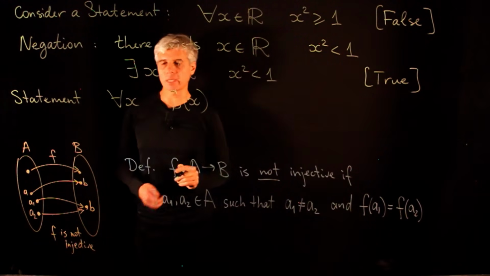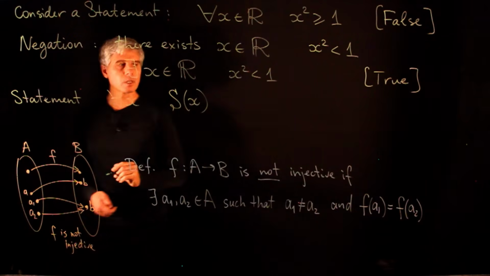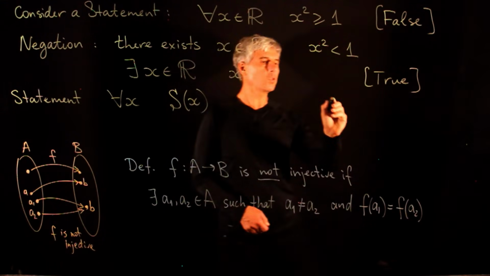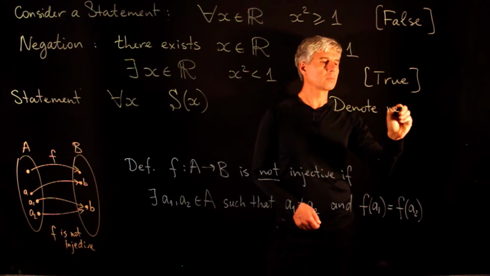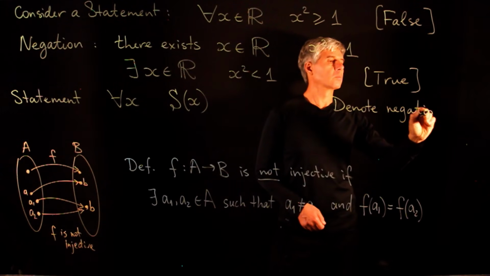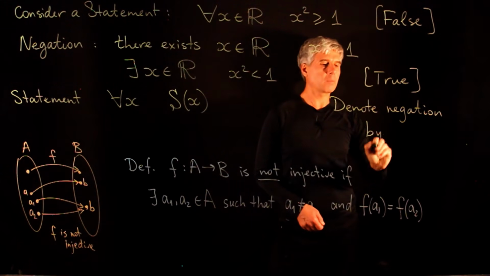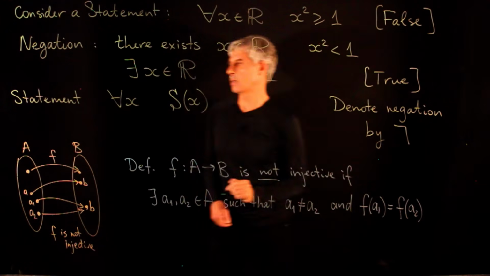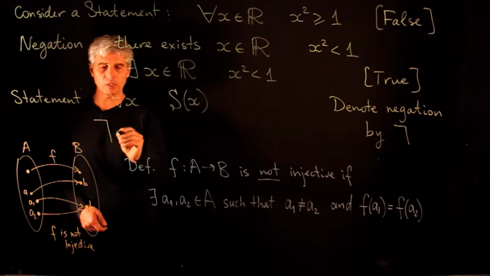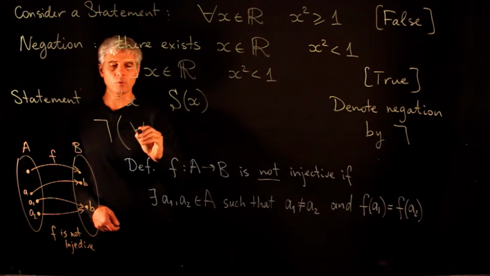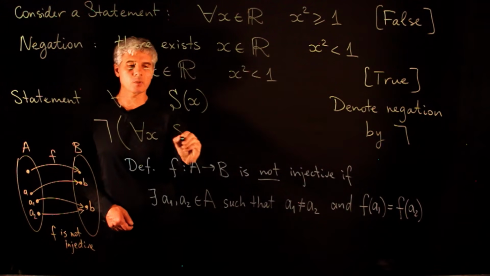So this is a statement. We are going to denote negation by this symbol here, right? So now we want to say what is the negation of the statement for all x, s of x.